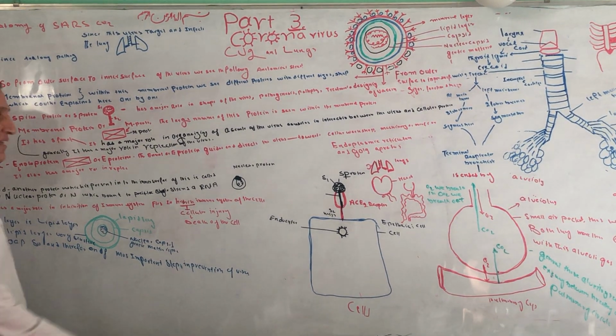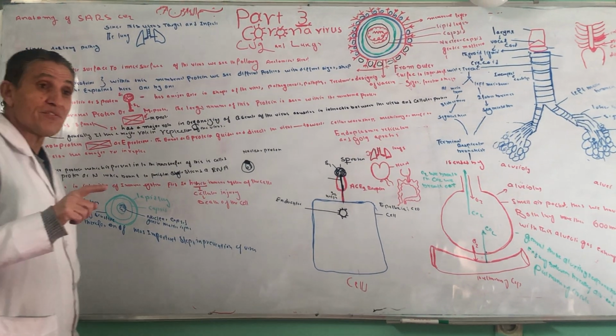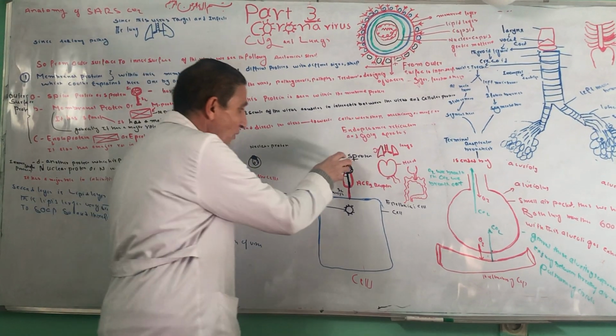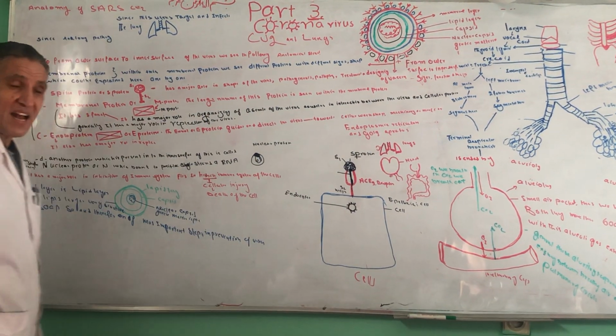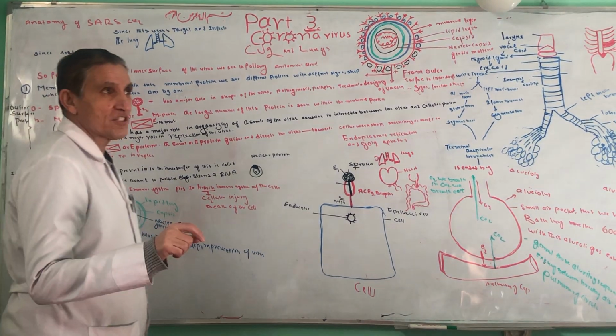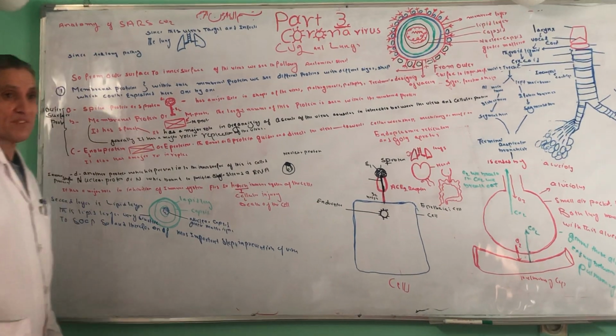So remember the affinity of this virus for capturing of the receptor is 25 times more than the other virus. And therefore this virus spreads rapidly through the body and leads to severe or critical manifestations in patients.